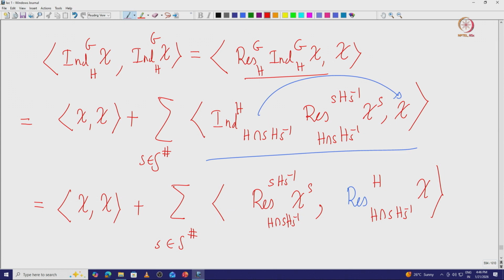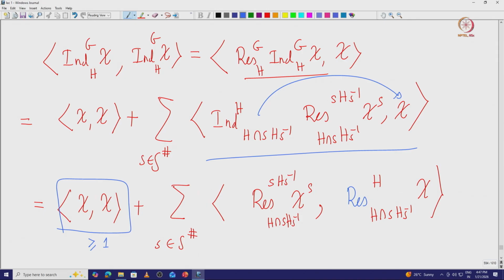Now, note that chi is character of representation of H. So, that means this is indeed greater than or equal to 1. So, now here we have two different characters.